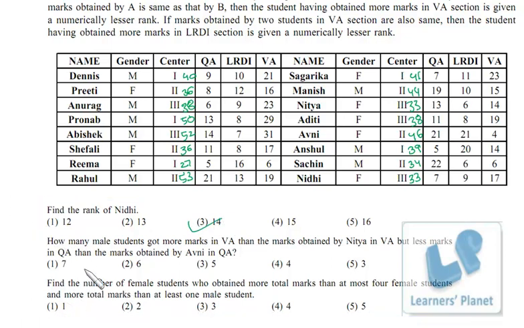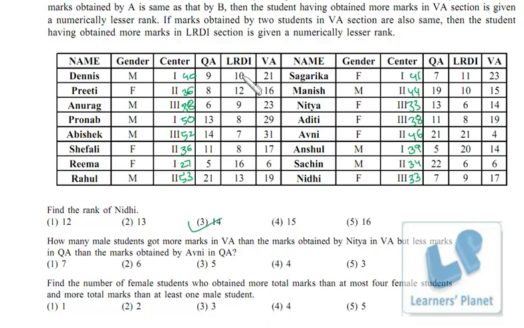Now, how many male students got more marks in VA than the marks obtained by Nitya in VA, but less marks in QA than the marks obtained by Avni in QA? Okay, so let's see. Nitya has got 14 marks in VA, right? So we have to find the male students who have got more than 14 marks in VA.